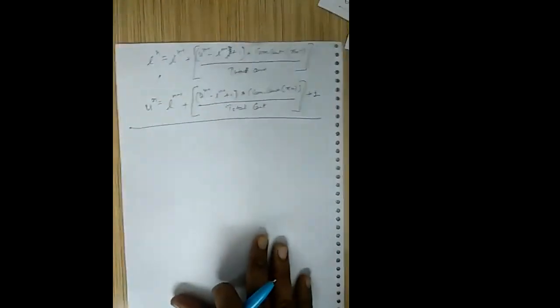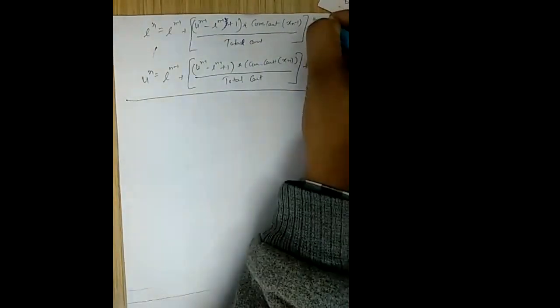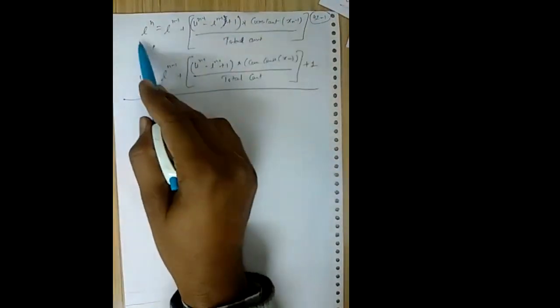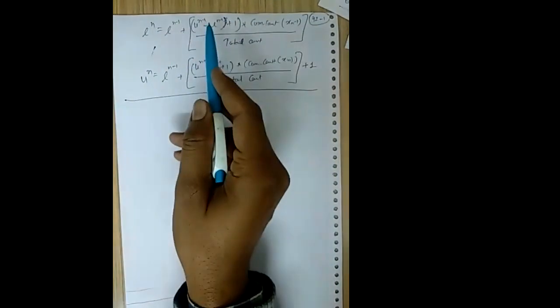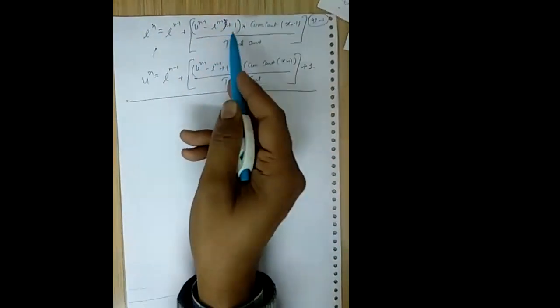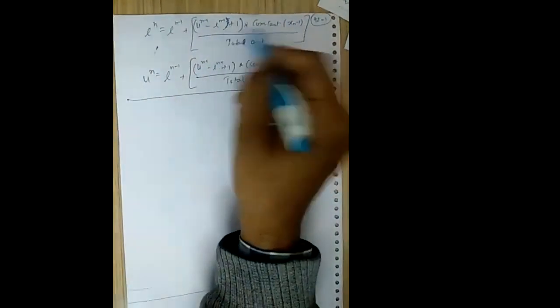Then we have moved to the next part that we need to derive from this equation. We need to work out some table updates, and each time we need to update the table and then work further. So here you can see the formula: L to the power n minus 1, u of n minus 1, minus L to the power n minus 1, plus 1, multiplied by the cumulative count x n minus 1, upon the total count.